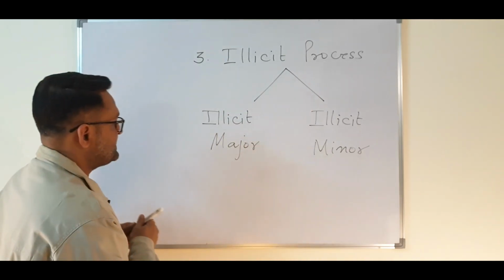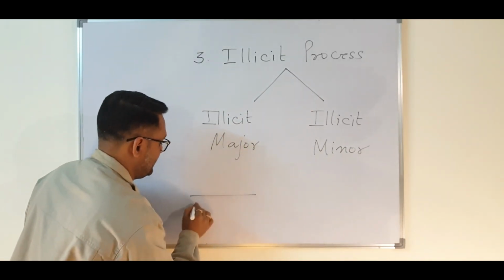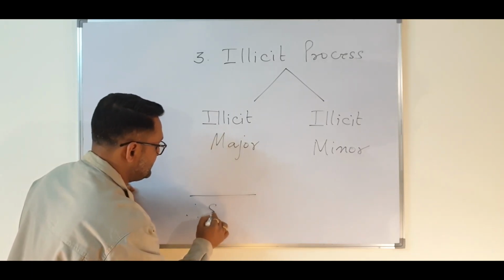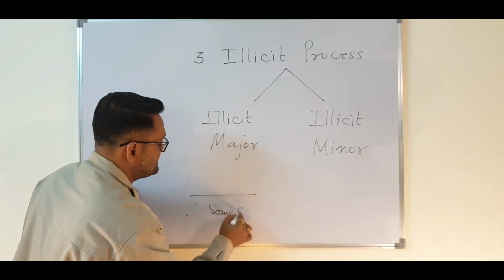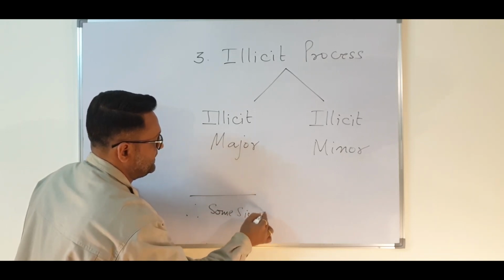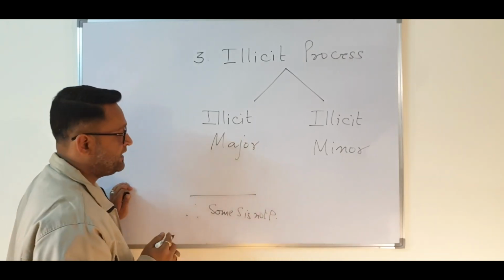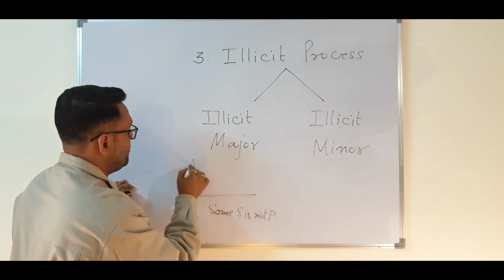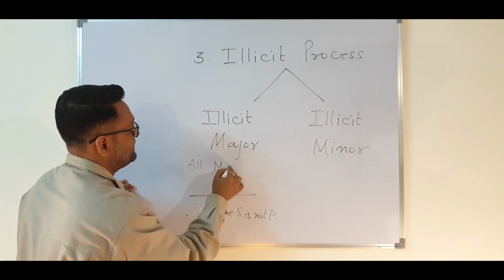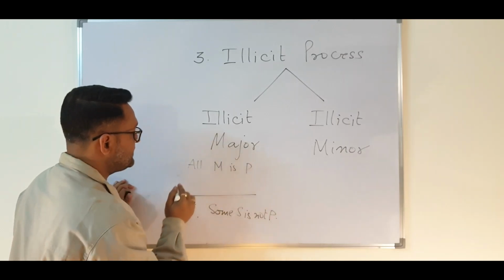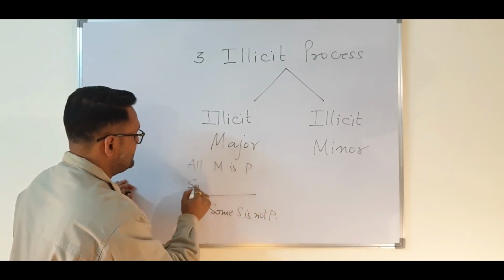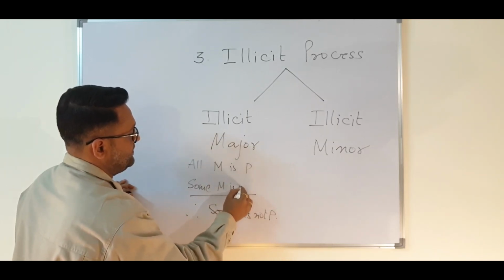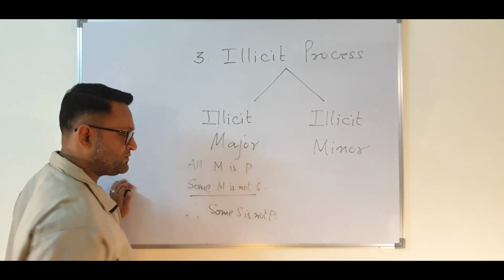For example, suppose we have a syllogism where the conclusion says some S is not P, right? And here we have all M is P, and here we have some M is not S, suppose.